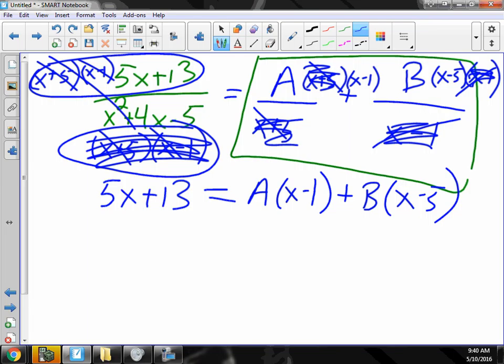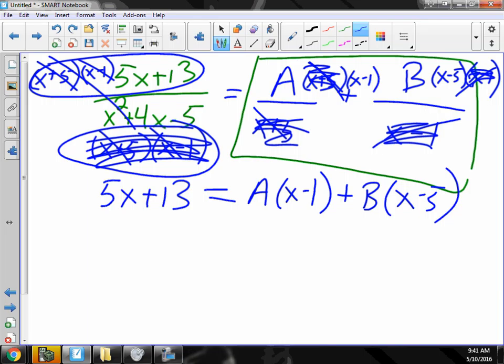My common denominator is x plus 5 and x minus 1. The A partial fraction already has an x plus 5, so let's just multiply it by x minus 1. And we don't even need to write all this out, because we know it's going to cancel every time. And then over here, the B partial fraction already has an x minus 1, so it needs an x plus 5.